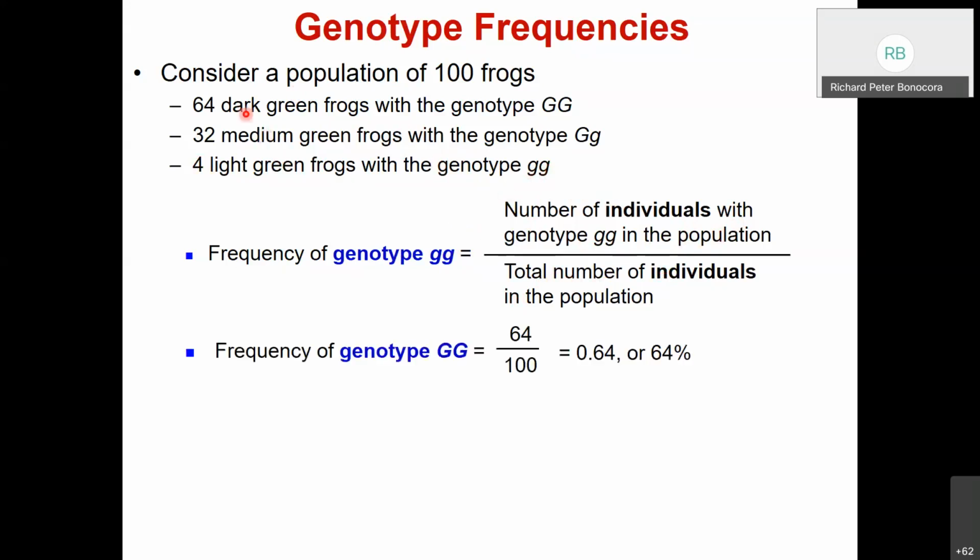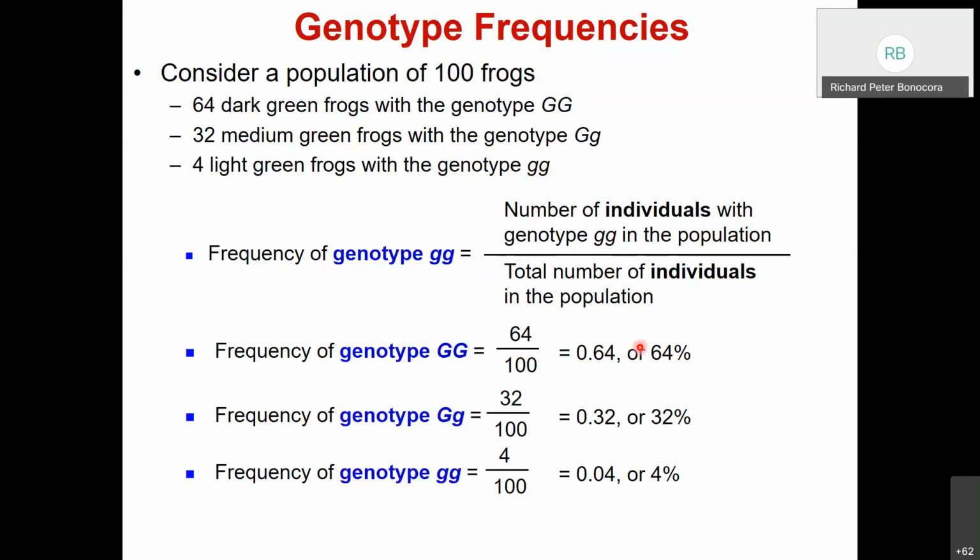Right, so simply for the dark green frogs, you would take 64 over 100. And for the heterozygous and the homozygous for the light green allele, you simply take the total number of individuals with that genotype divided by the total number of individuals in the population. Again, very straightforward.